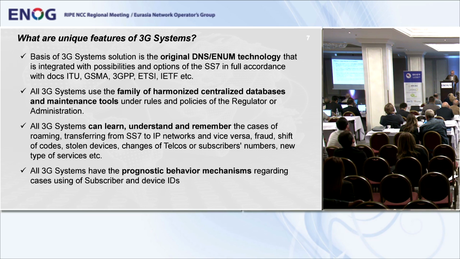It allows to give a harmonized centralized database, and it also allows to launch mechanisms that are oriented on teaching and formation of certain prognosing mechanisms, which allow somehow to prognose what and how some device or a user will behave in a network.